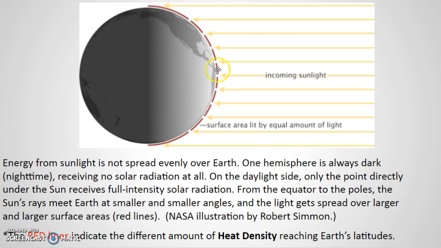We're looking at heat density. The heat density would be greatest where the insolation, the incoming solar radiation, is closest to perpendicular, 90 degrees. As I travel towards the poles, it gets spread out, it gets distributed, therefore it has a lower density. The red lines indicate the different amount of heat density reaching the Earth's latitudes.